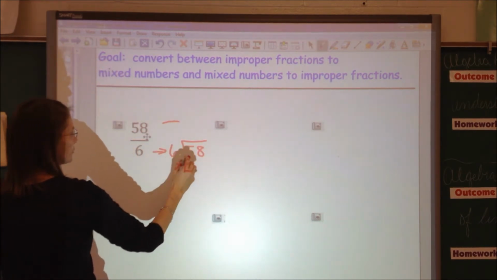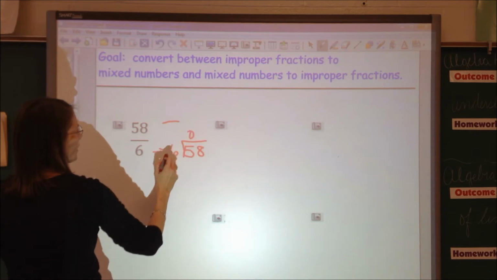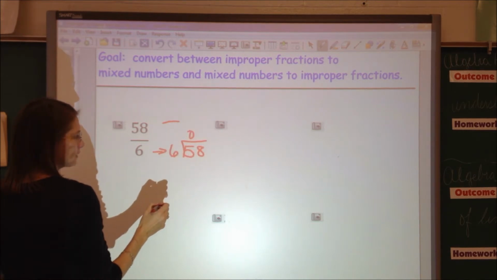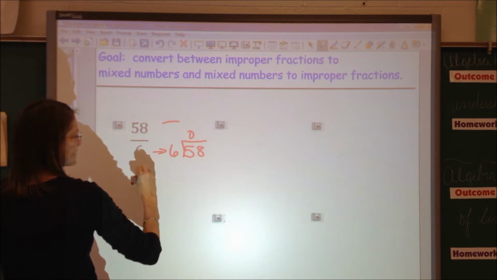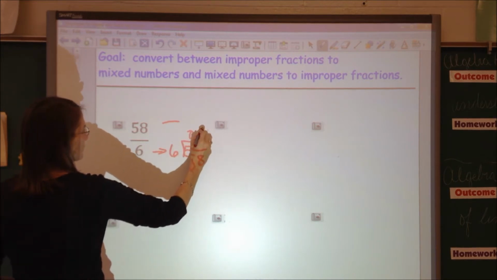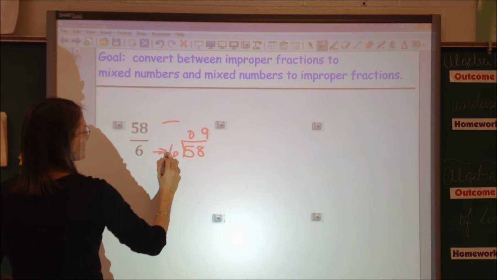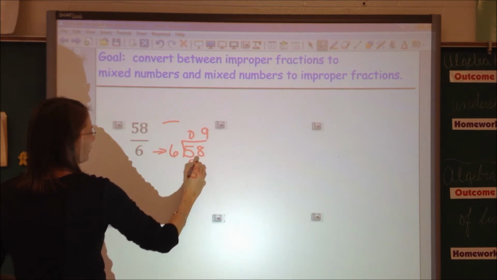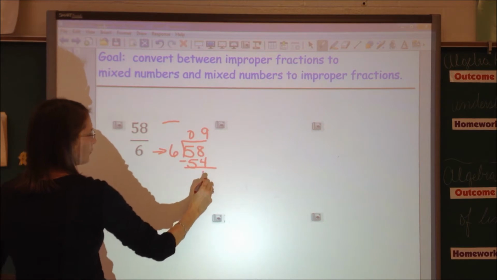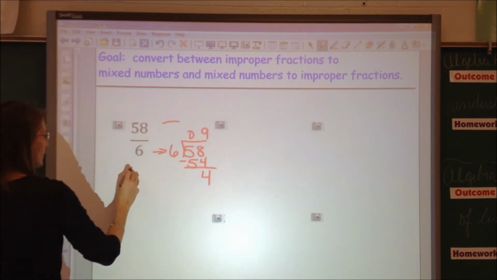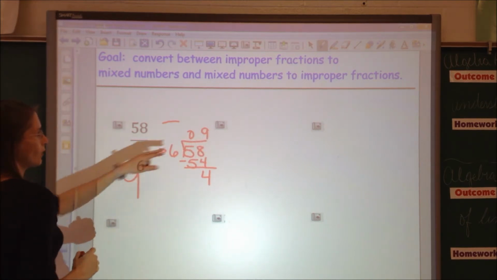And 6 goes into 5 0 times, and 6 goes into 58, 6 times 8, 9 times, sorry guys, I had to think for a second, 6 times 9 is 54, 58 minus 54 is 4, so we write it 9, big 9, because I made 9 holes.